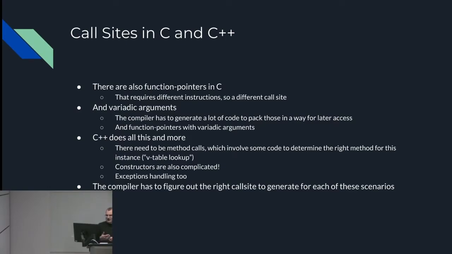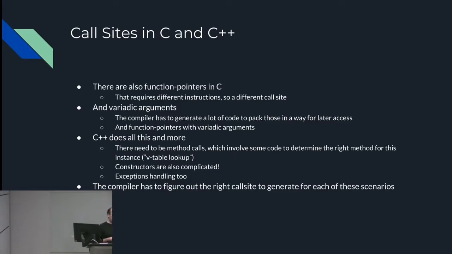If we upgraded to C++, then you get all of that and more, because you're going to need to be able to do method calls. And so there's going to have to be this question of which derived class am I actually calling? Go figure out what is the actual concrete implementation I have to call. The C++ term for that is a vtable lookup, virtual table lookup.